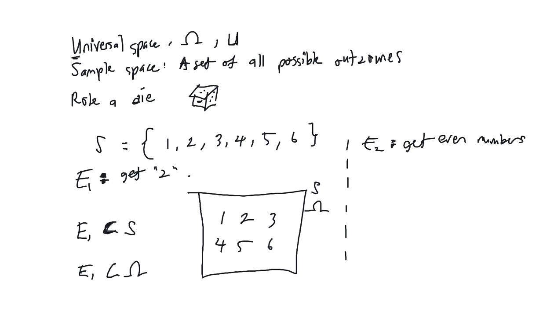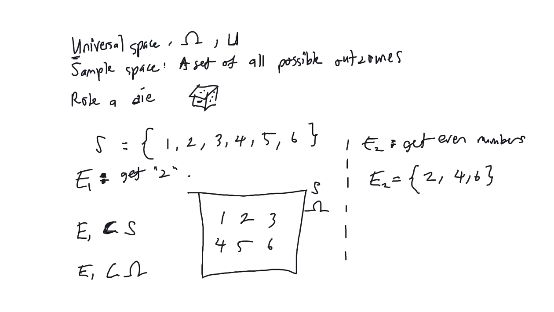So what are the elements in event E2? Those are number 2, number 4, and number 6.